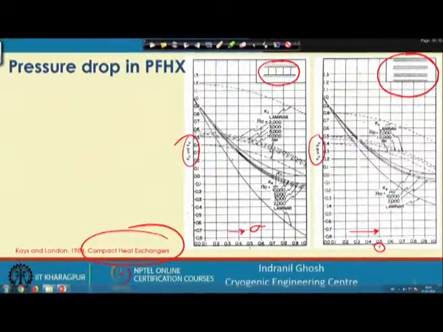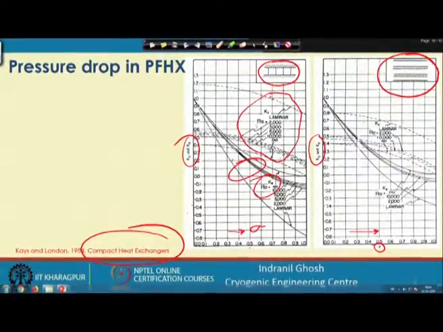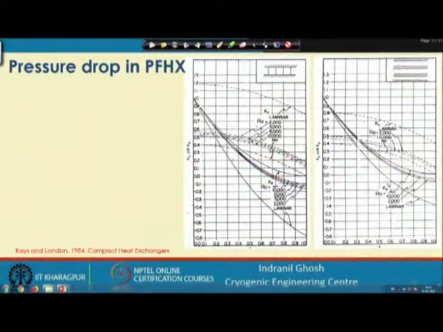We can see that this whole bunch is for Ke, the exit effect, and the dotted lines take account of the contraction coefficient of a certain contraction. Similarly, on this side we have the certain contraction, and this is for the Ke. As you can see, we have the coefficients for this Ke as a function of Re also.